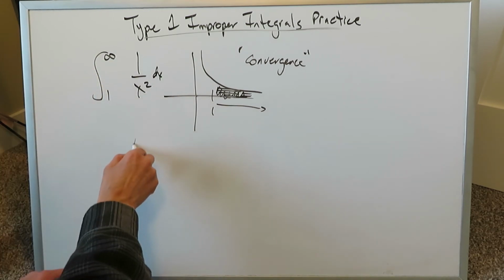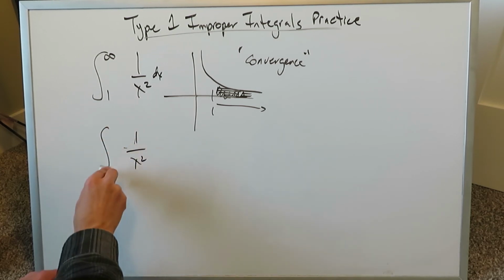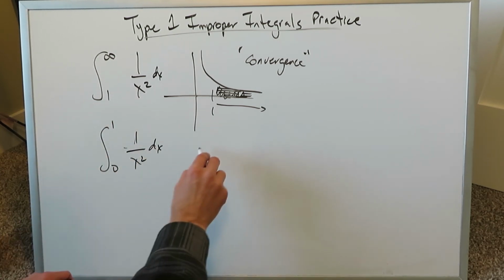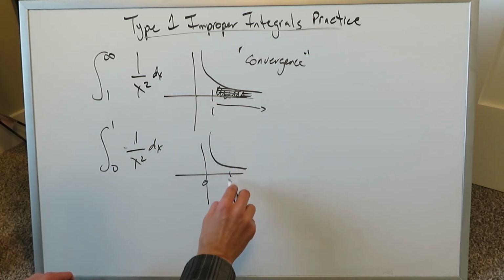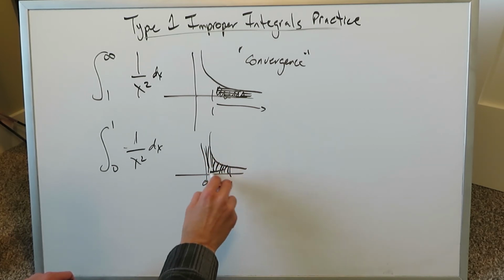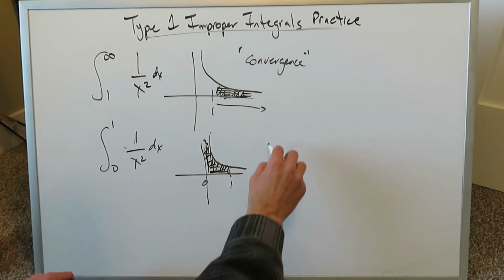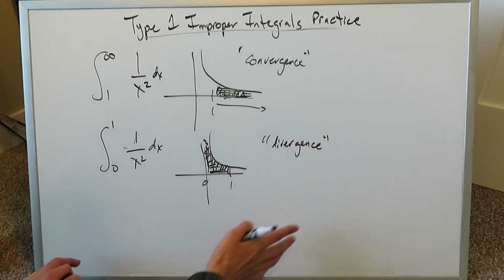Think about the exact same case, 1 over x squared, and we can just do a little bit of shifting here, from 0 to 1. Now consider this specific situation, 0 going up to 1, and you're trying to calculate the area of this. I'm not calculating it right now, but maybe you'll have a divergence come into play over here, and part of the interval is no longer continuous.